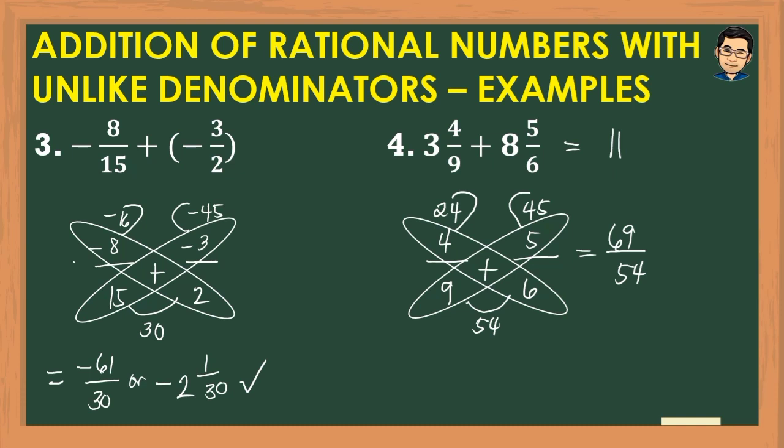So 69 over 54 is an improper fraction, so we need to change it into a mixed number. So that will become 1 and 15 over 54. So 69 over 54, that is 1. And then may remainder na 15, i-over natin sa denominator na 54. And then, yung 1 and 15 over 54, i-add natin dun sa 11 kanina.